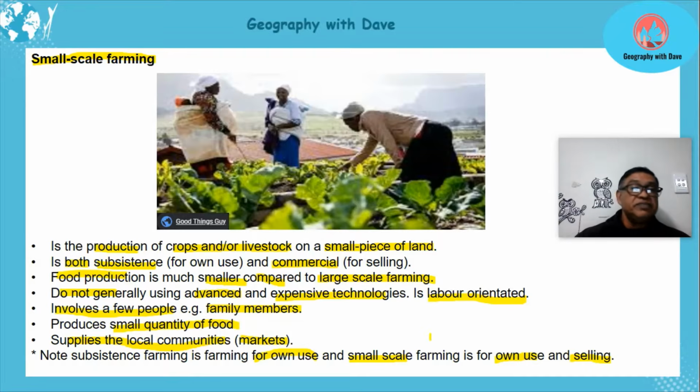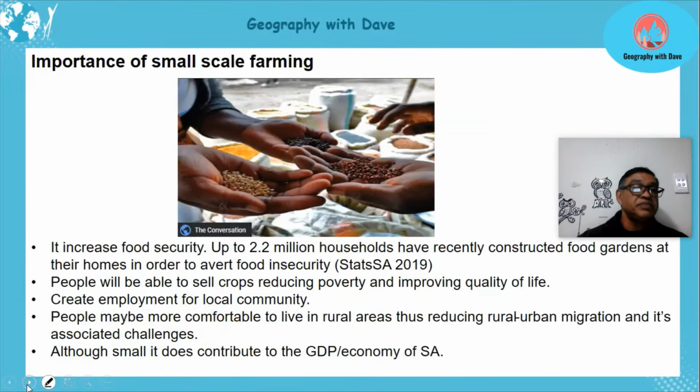All right, let's go on. And yes, the importance of small scale farming. One of the big things, and you would have done food security before, and we will do it again this year, is when you have enough nutritious food to live a healthy and productive lifestyle.